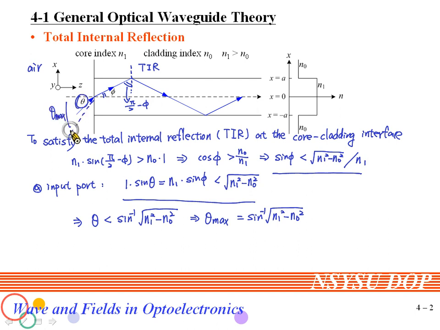This means that the input angle theta here should be smaller than theta max. If theta is smaller than theta max, then as it goes into the waveguide, it can induce the TIR. But if theta is larger than theta max, as the signal is input into the waveguide, it cannot induce TIR here. So part of the power will be transmitted to the cladding, and it will have high losses. So theta max here is defined as the maximum light acceptance angle for the waveguide.